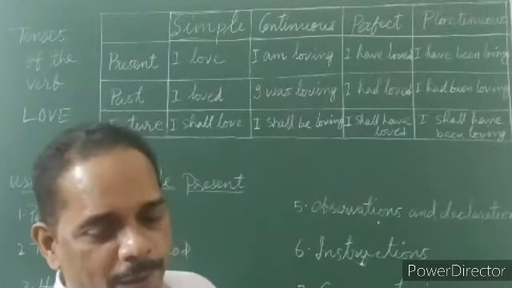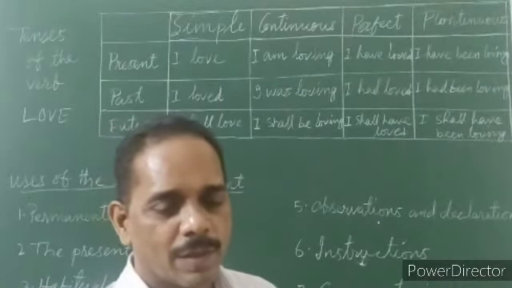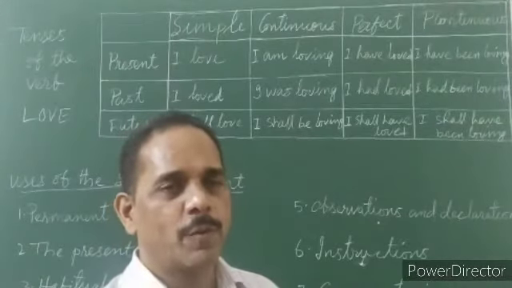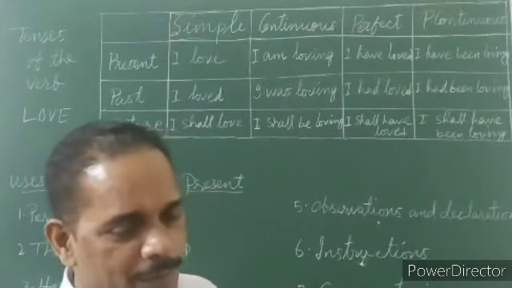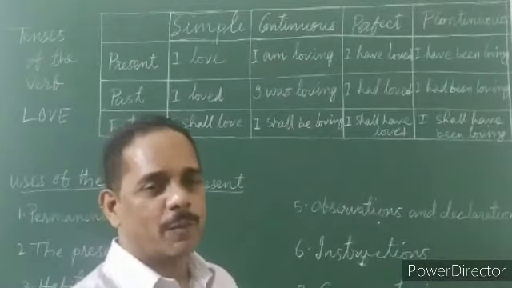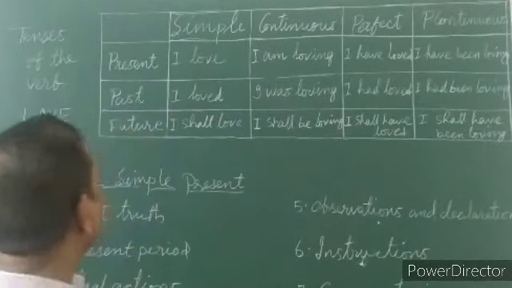In your book they have mixed up the tenses with active voice and passive voice. That will be more confusing. So we shall leave aside the passive voice and take the normal active voice.